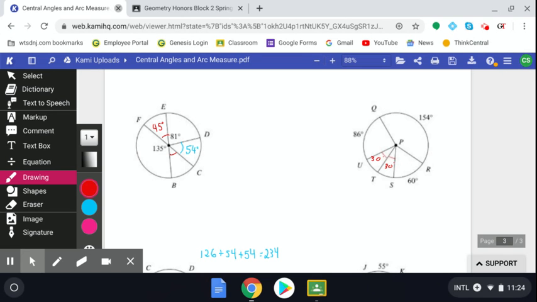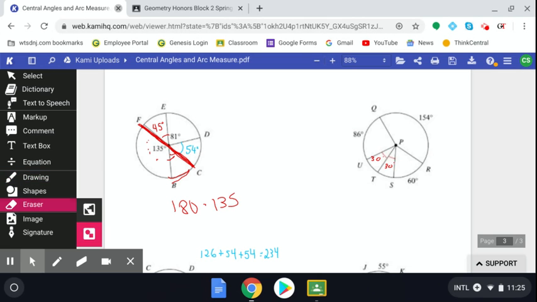If I only know this angle over here is 135, then I know that this is a semicircle. So arc BC and the central angle has to be 180 minus 135 because it's a semicircle.